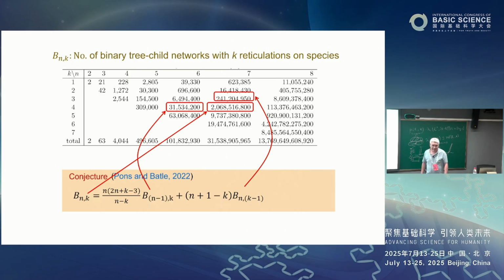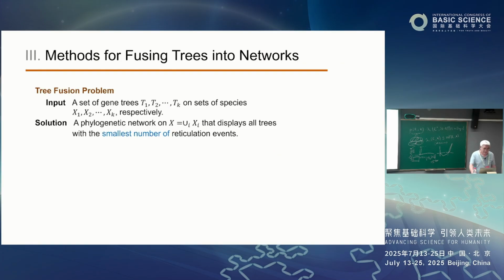It's very interesting, a little bit tricky, and hard to prove. I tried sometimes. Anyway, studying this counting and enumeration of phylogenetic networks led to our solution for the tree fusion problem.